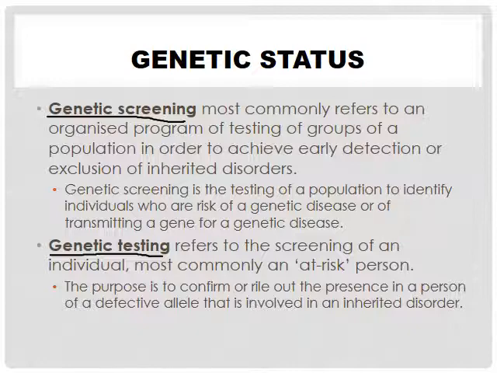The benefit of genetic screening is if an individual is identified as having a positive reading for that defective allele, at least you can have early intervention. And if it's not a cure, you can have early treatment.